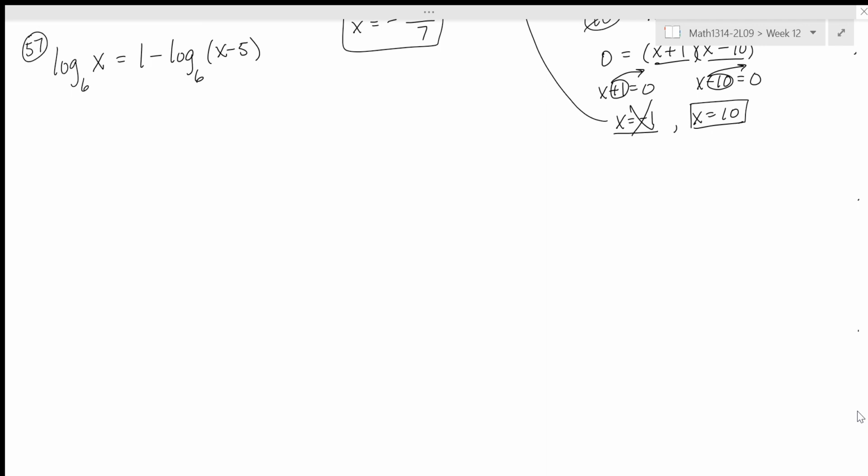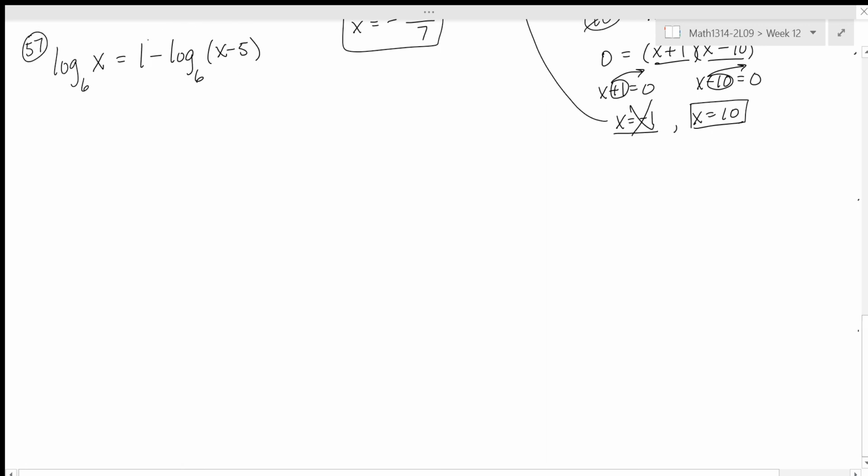Okay, so is it obvious that this is another logarithmic equation? And how many logs are there? Too many. So somehow we're going to have to get those 2 logs to become 1. And in order to do that, first of all, they have to be on the same side.